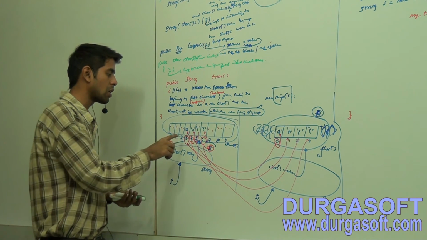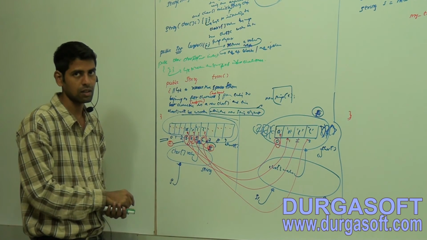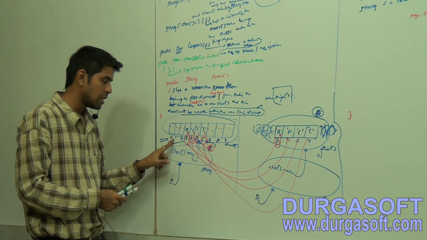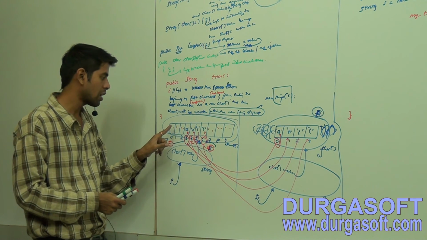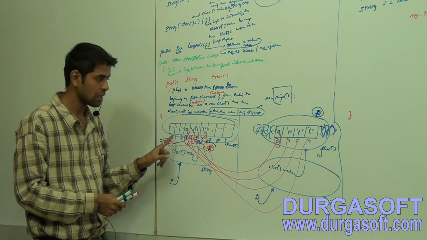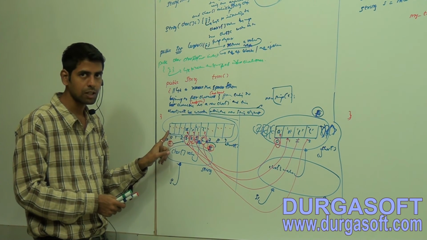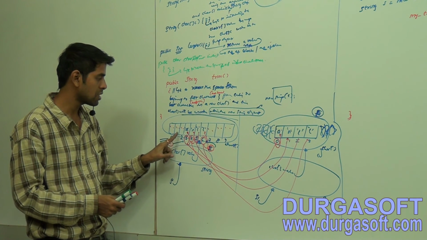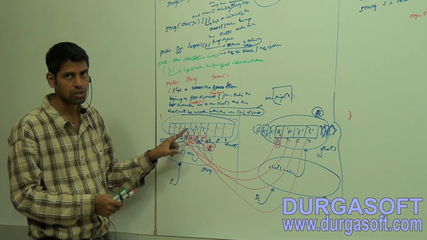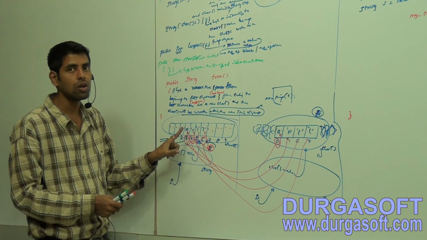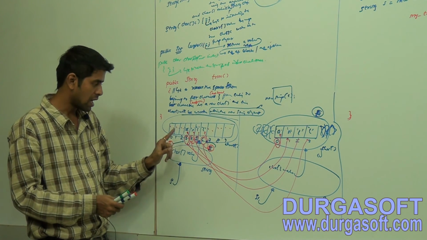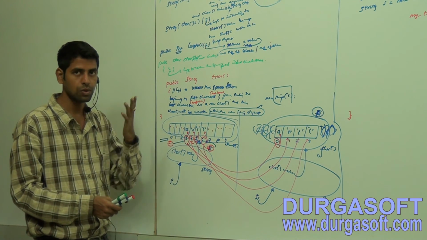Take this index, block element, check whether it is space. If it is space, come to the next block. If it is space, come to the next block. If it is not space, stop there itself and take that index value for our future purpose.